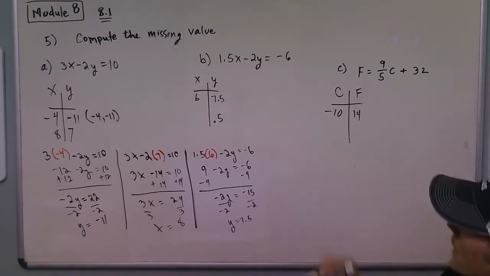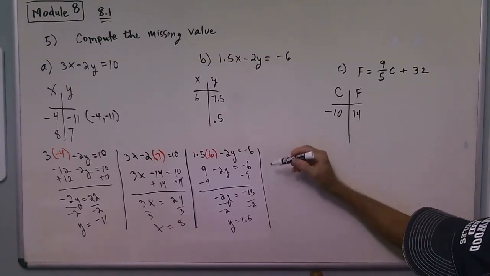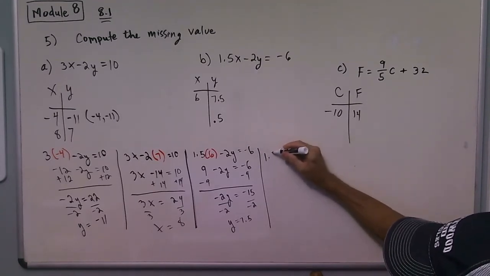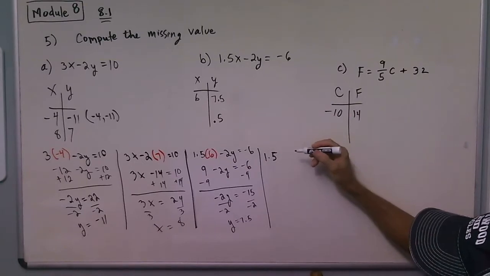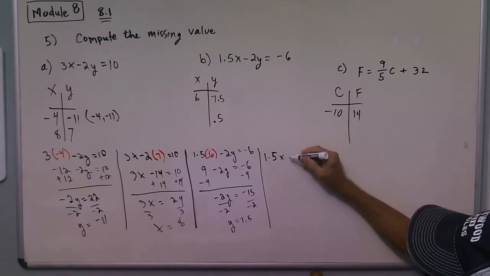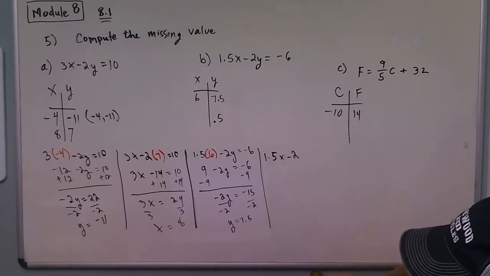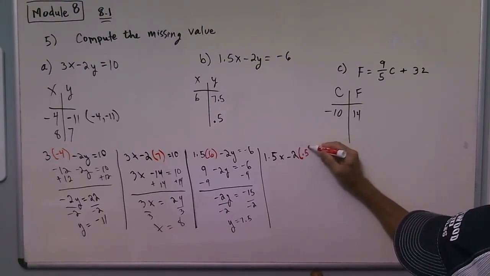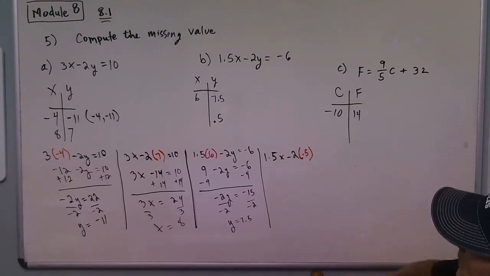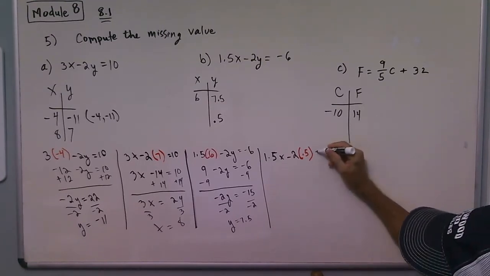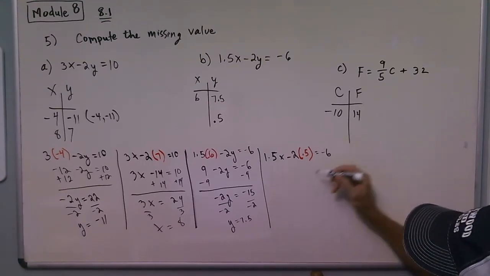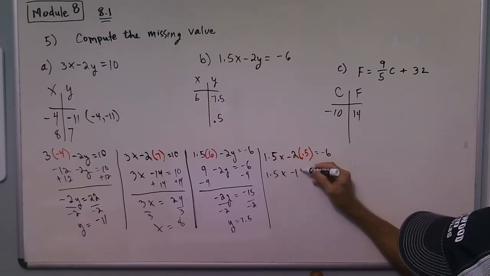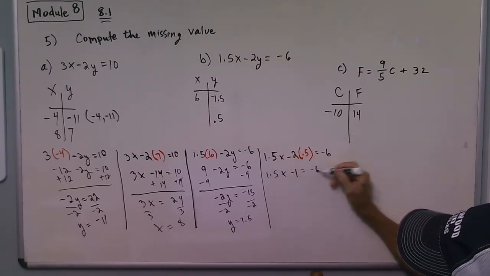Okay. And then putting in 0.5 into y, I have 1.5 x minus 2 times 0.5. I like to use parentheses when I substitute in my value. It just helps me keep it a little more organized. Equals -6. I have 1.5 x minus 1 equals -6.